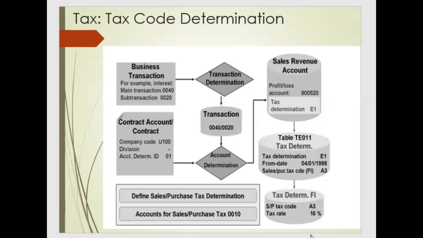Are you clear? What is tax code? Tax code is the raw calculation, you can say. Here A3 is defined as 16%, and tax determination is linking that raw form to the invoices. And all these details are stored in a table called TE011.